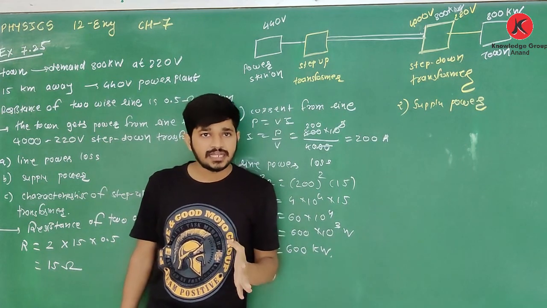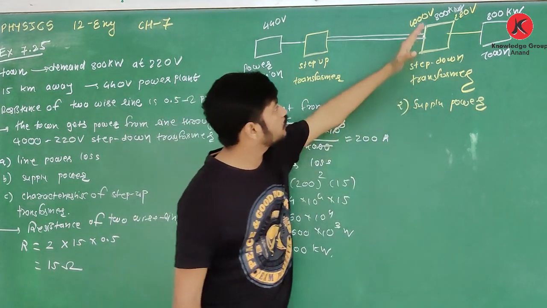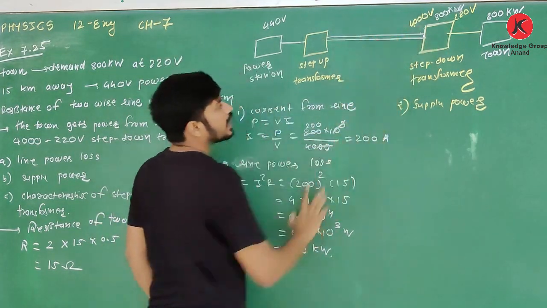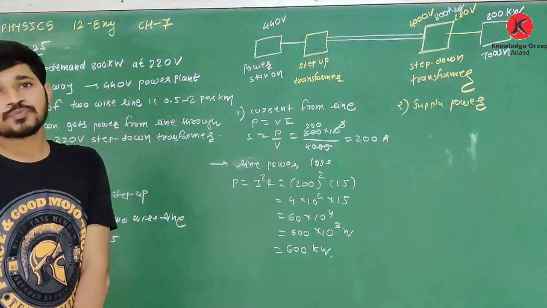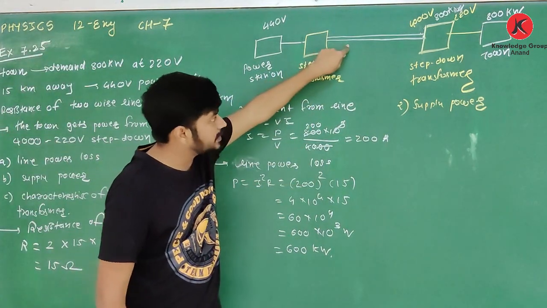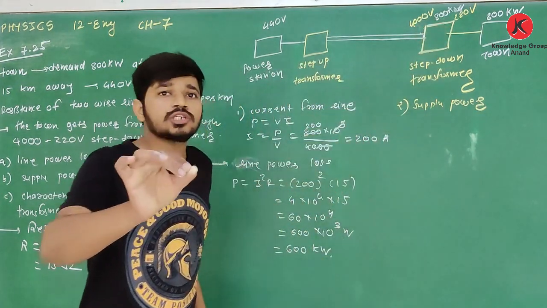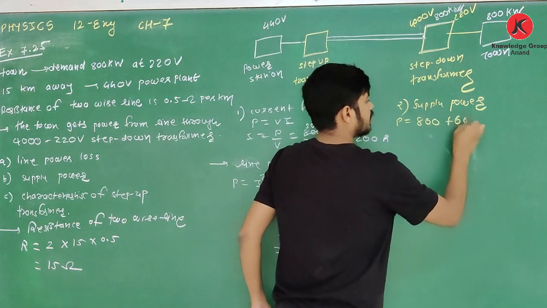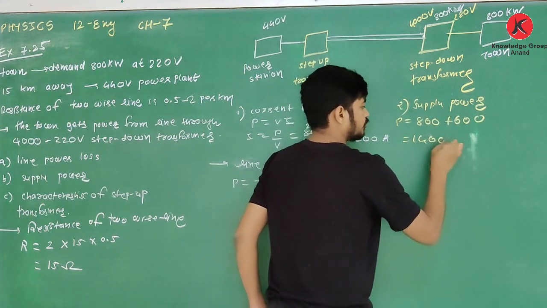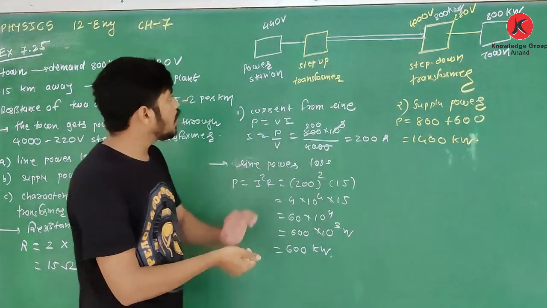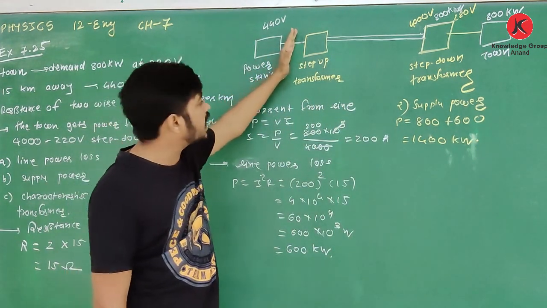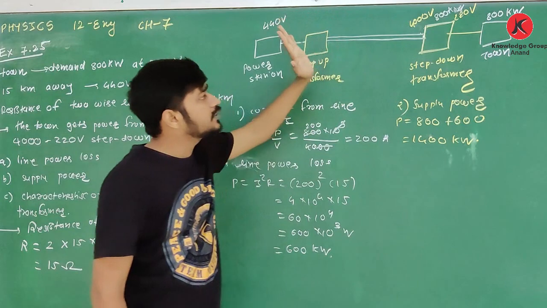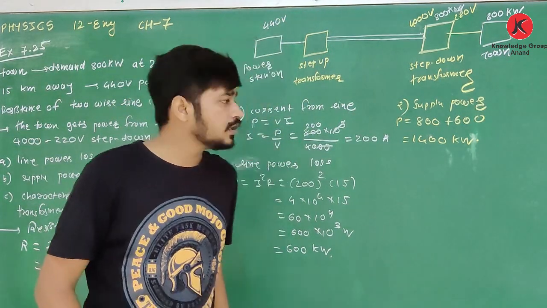So I have to consider the power loss in this line, which is 600. Demand is 800, so total power supply P is equal to 800 plus 600, that is 1400 kilowatt. If 1400 kilowatt power is supplied, then 600 is wasted as heat energy, and the remaining 800 kilowatt is used in town. Clear? So that is the second question.